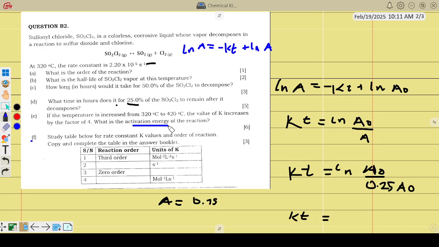We'll look at the activation energy in lesson 4, I think, after the integrated rate laws, and then that's when we go to the Arrhenius equation. The Arrhenius equation is where we deal with the activation energy. So for now, we're not solving it.